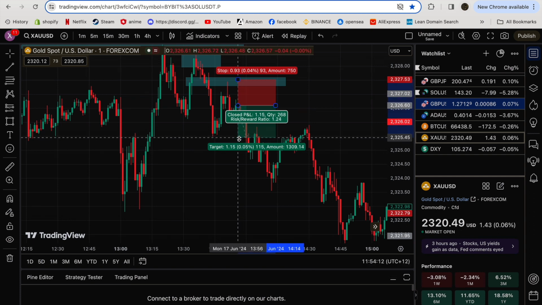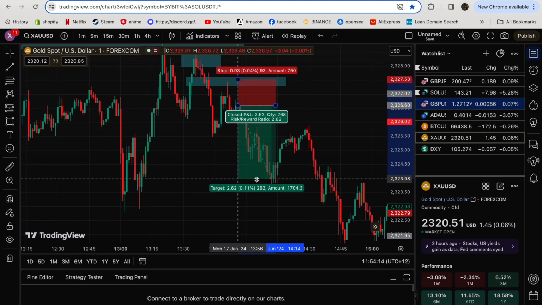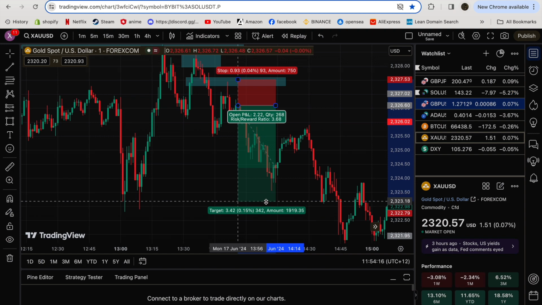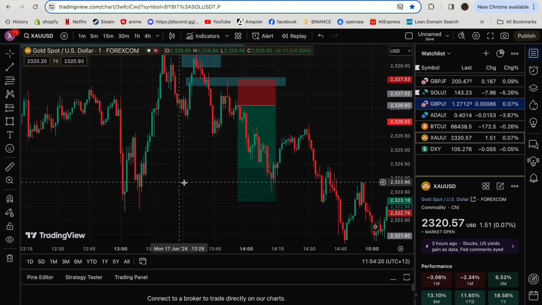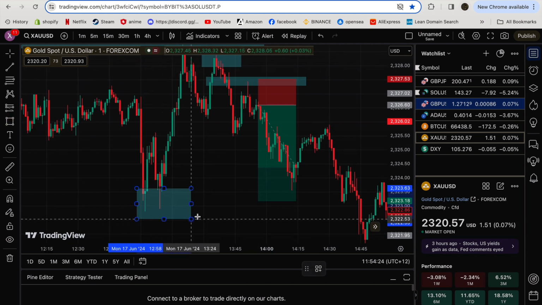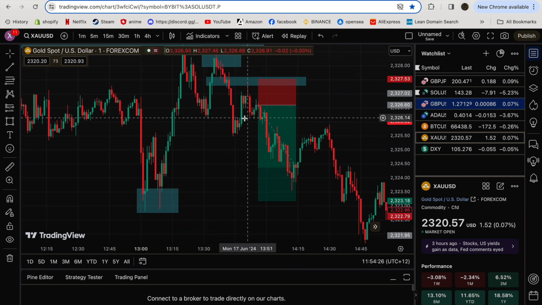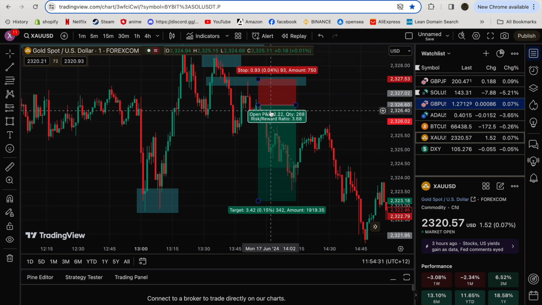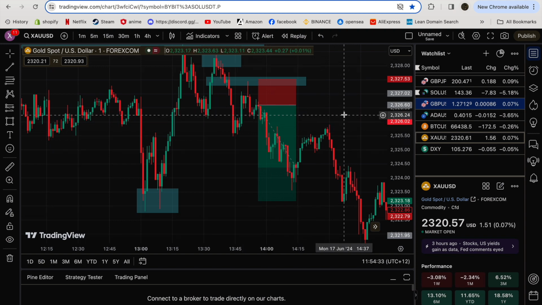Or we can go a little bit more realistic and target these external lows. Now, what I was saying before about internal lows: these are your internal highs, internal low, internal high, internal low, like that.